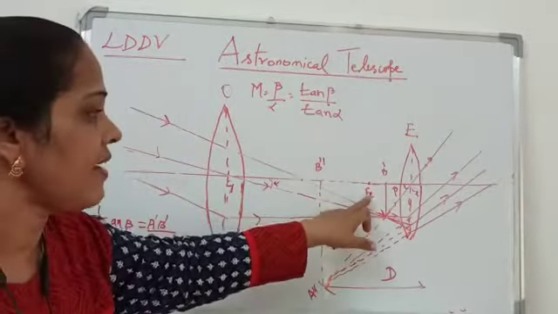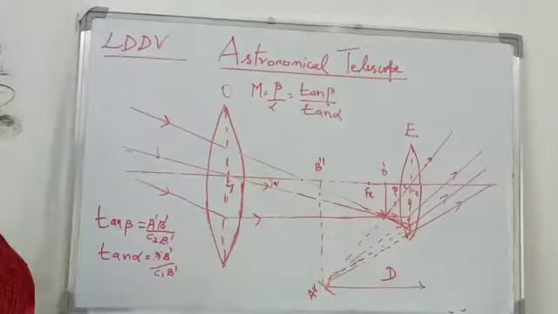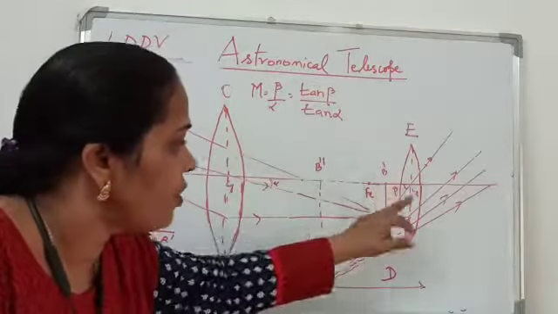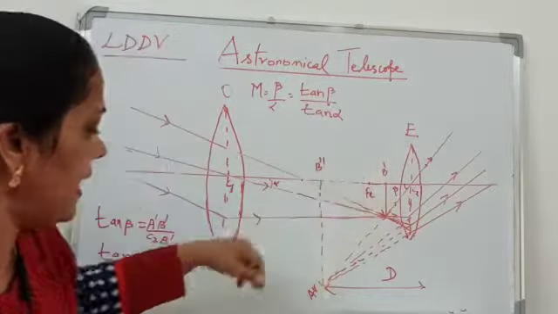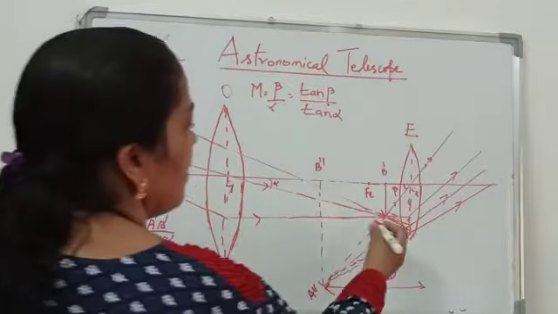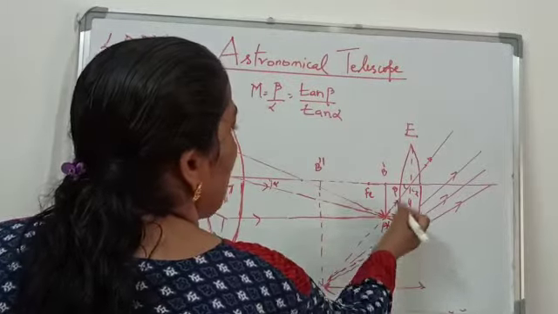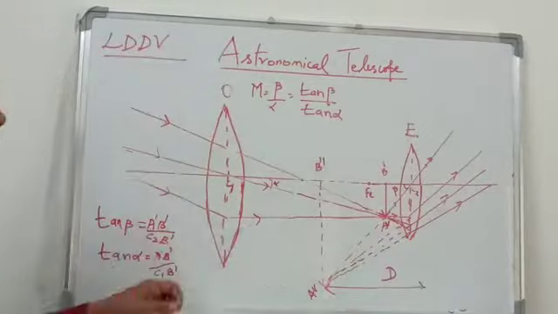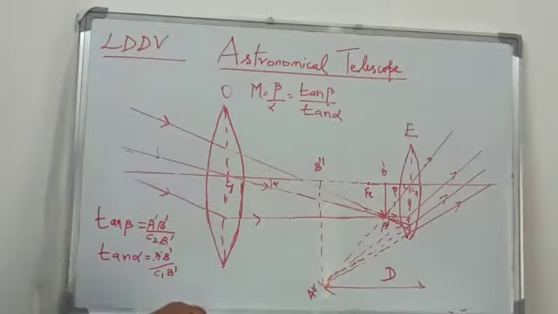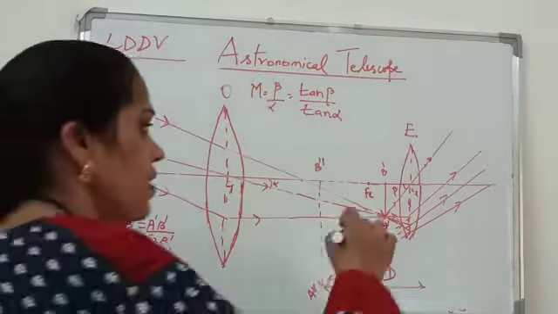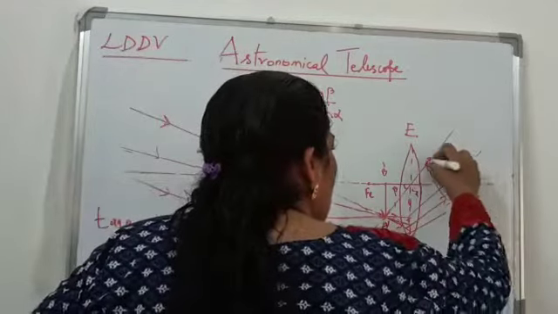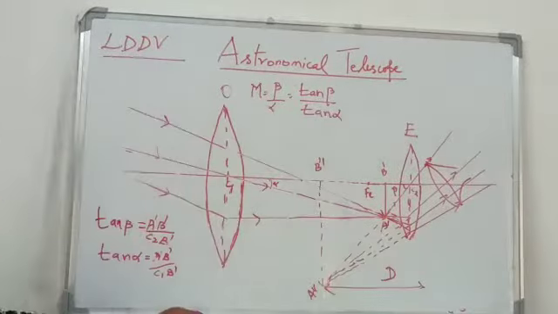Can you see, this is FE, which is the focal length of this eye lens. Within the focus I have placed the object A', B'. So when the object is placed within the focus, the image is formed at least distance of distinct vision from the eye. Of course, the eye has to be placed over here to view the image.